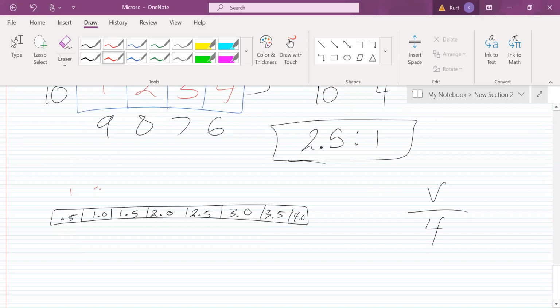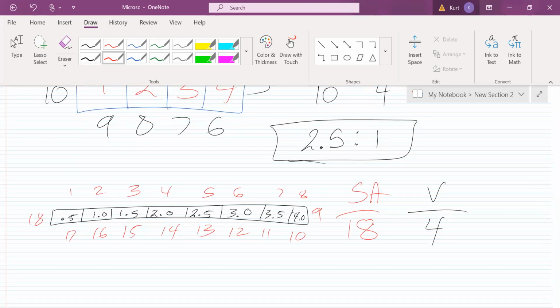Surface area: 1, 2, 3, 4, 5, 6, 7, 8, 9, 10, 11, 12, 13, 14, 15, 16, 17, 18. Surface area is 18. So you do 18 divided by 4. 4.5 to 1. That's pretty good. That's better than what we started off with.